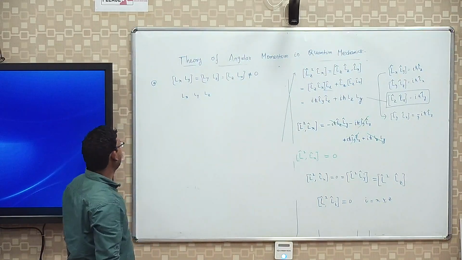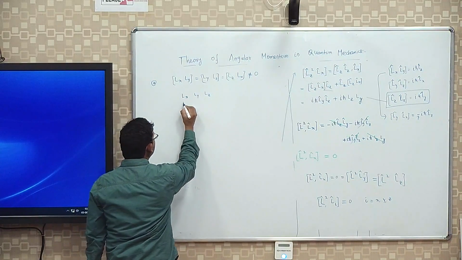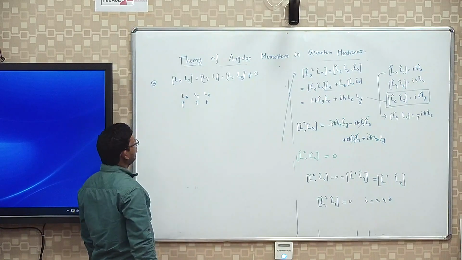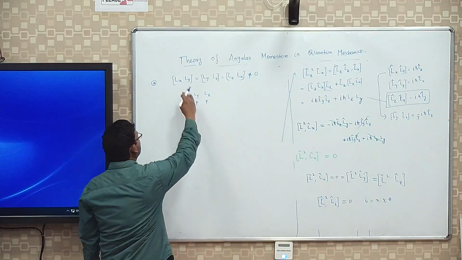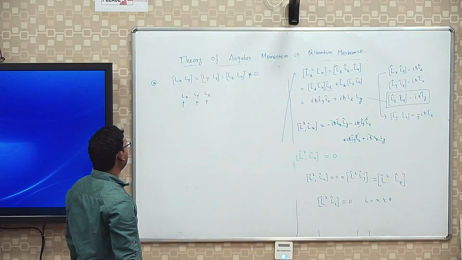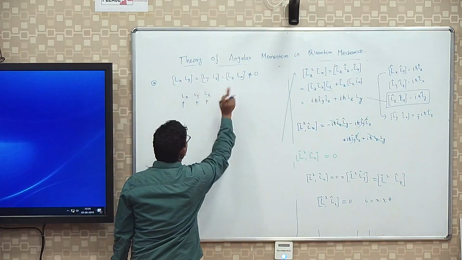If we want to find the eigenvalue or eigenvector of these three by using this method, it is not possible to measure, because they do not commute with each other.